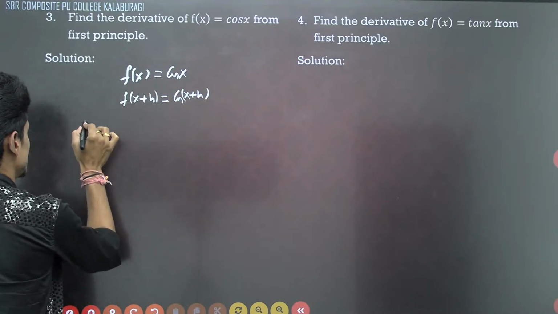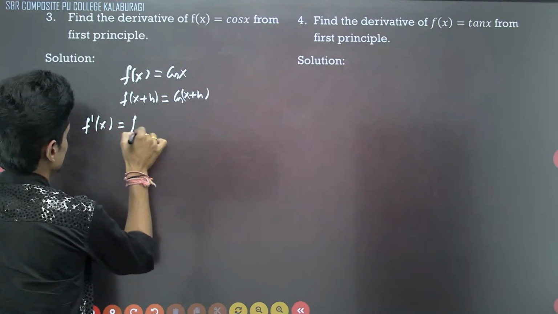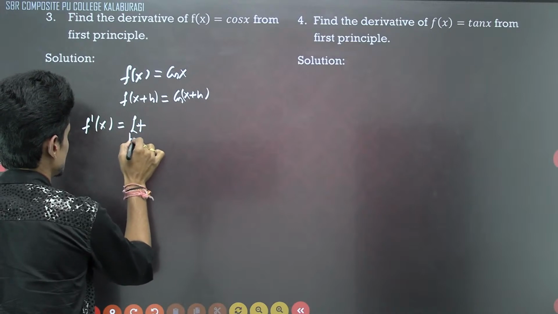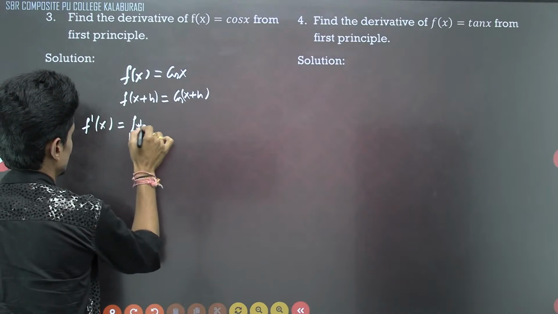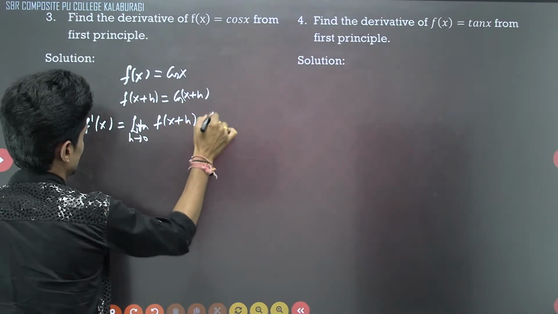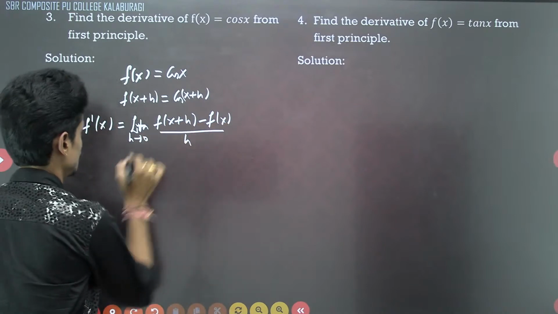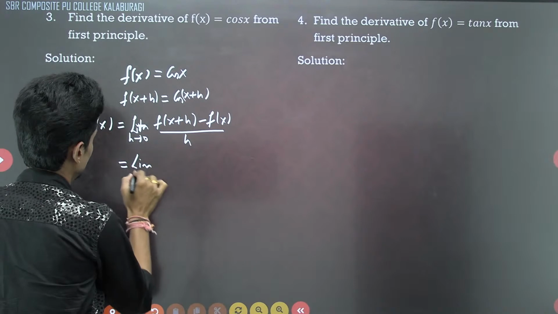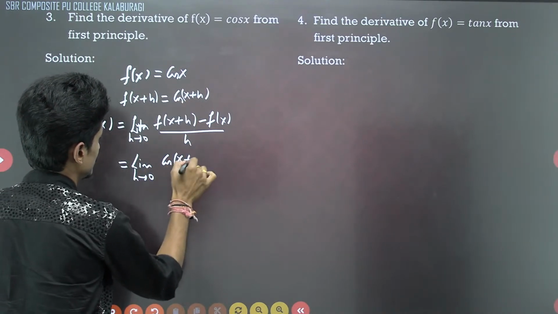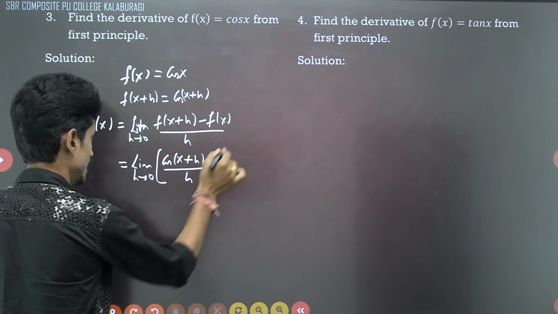After that we should go for our formula. F dash of x is equal to limit, LT also we can write, as h tending to 0 of f of x plus h minus f of x divided by h. Substituting, limit as h tending to 0, that is cos of (x plus h) minus cos x divided by h.